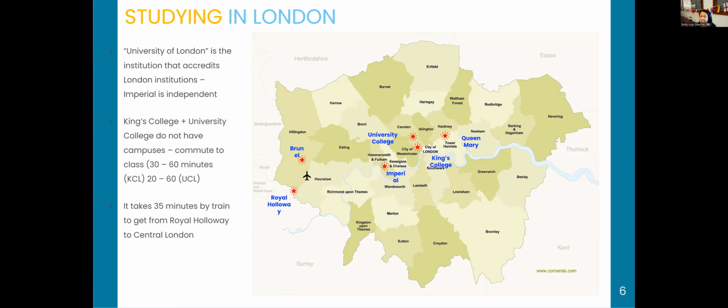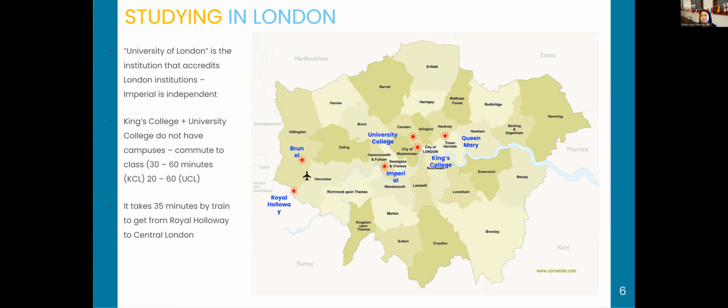The other thing is that even though these schools are quite spread out, as you can see, Royal Holloway is all the way on the edge, but it's still only about 35 minutes to the heart of London. So even though it looks pretty spread out and feels like, oh my gosh, it's so far, it really isn't. Maybe it's similar to La Jolla versus downtown San Diego. You could easily take the trolley to downtown San Diego.